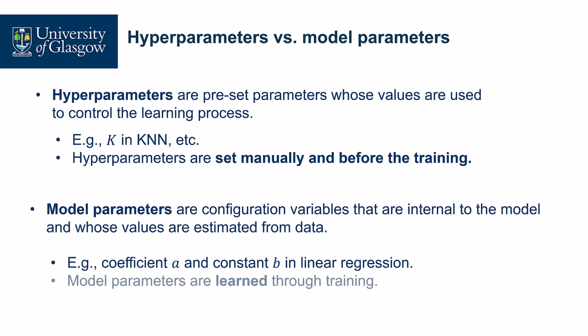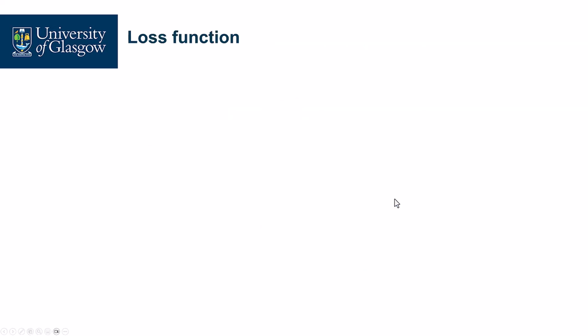So the model parameters are the training outcome. The hyperparameters are set before training, and the model parameters are the training outcome. This is the key difference, right? So we are not optimizing hyperparameters. Well, that is preset.